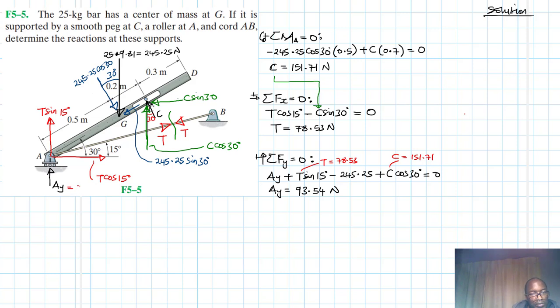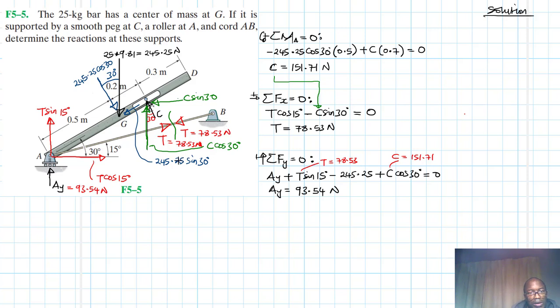We have AY equal to 93.54 newtons. Then we have T, which is equal to 78.53 newtons.